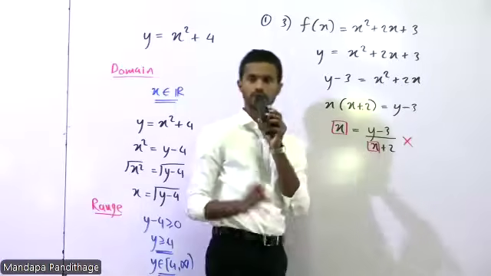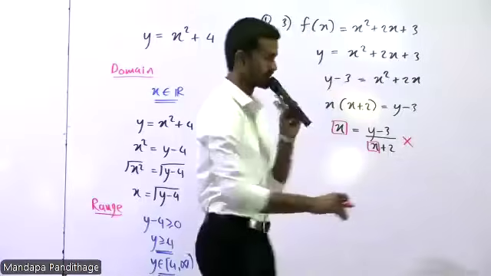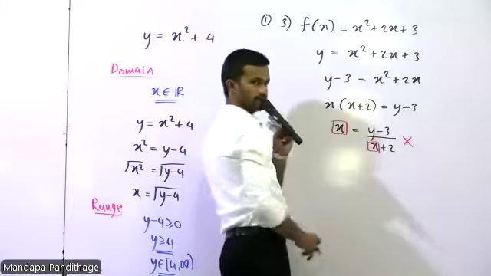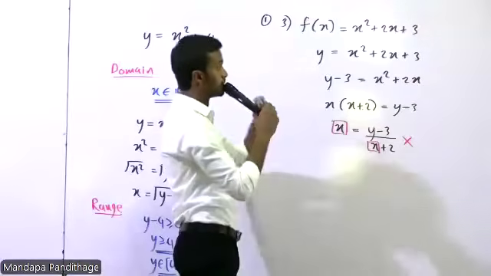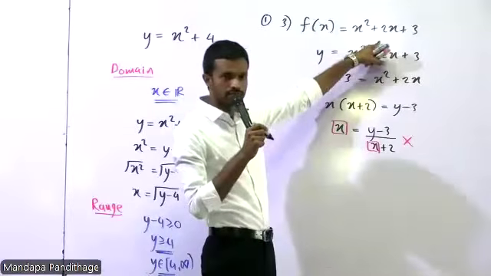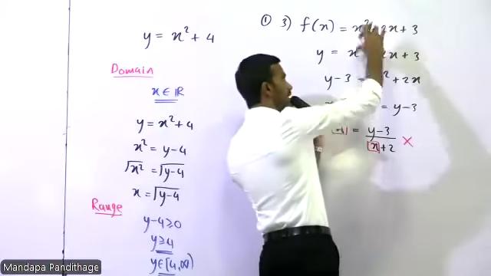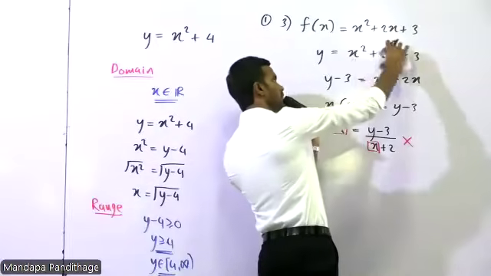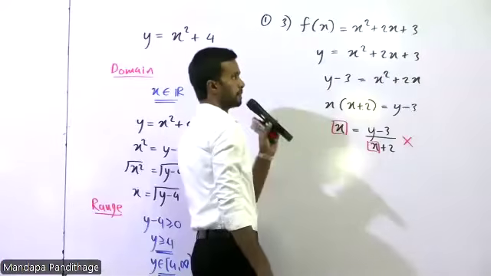So always keep in mind when you subject a variable, on the other side there can't be that variable. So when you subject x, there can't be any x terms here. So what is the challenge we got here? It is having both x squared and 2x at the same time, both in the same side.